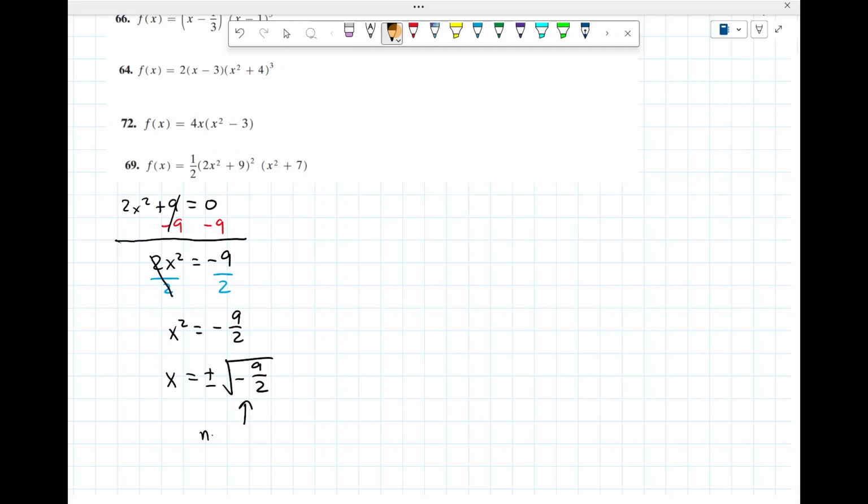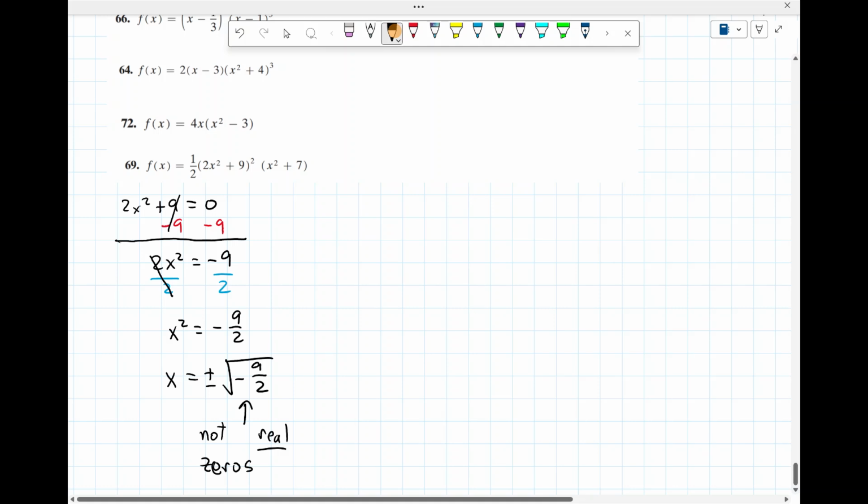So this is a zero, but is not a real zero. And this problem asks to only list the real zeros, and we've only found two complex zeros here. We have not found any real zeros.